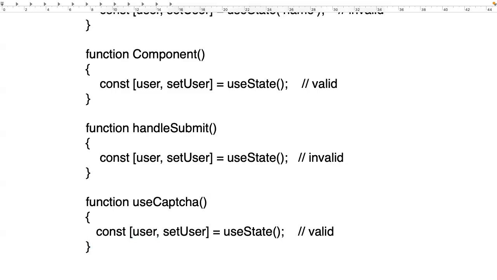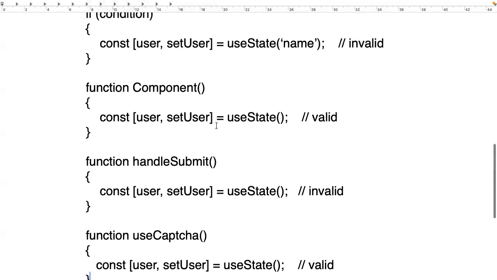Why is it not valid in handleSubmit? Because it's not a React function related to a component or hook. Only in React component blocks and only in React hook blocks can you access them. Anywhere else, it is not valid.